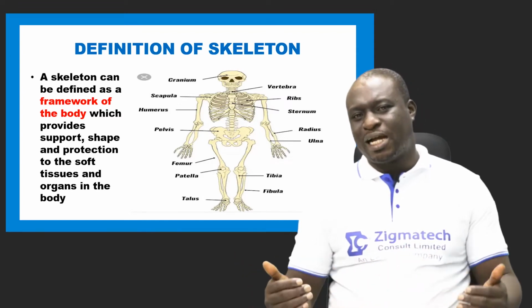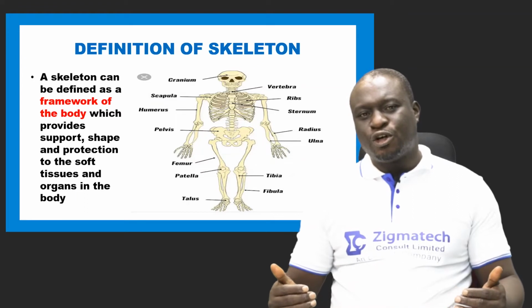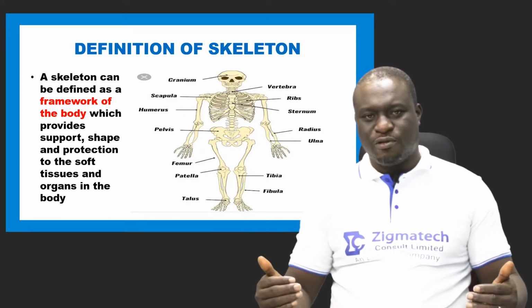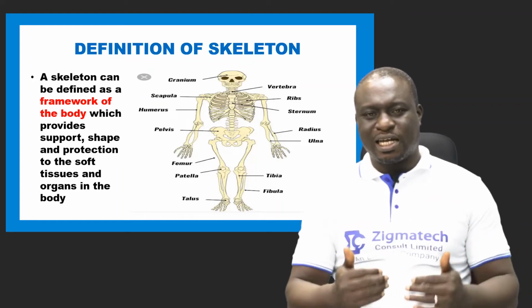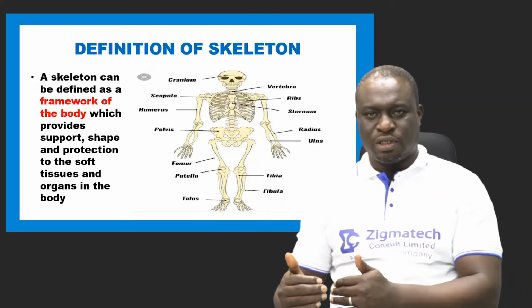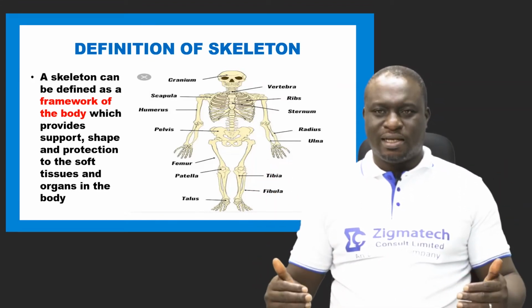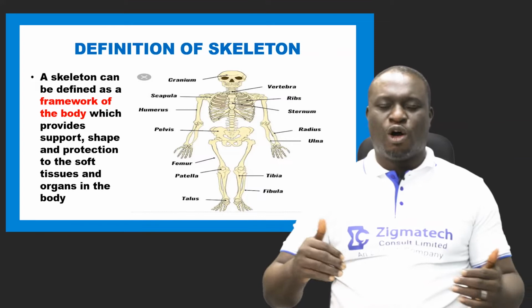We have different types of skeleton, and not all of these types consist of bones. If we say bony framework, it means that the skeleton consists of bones. So, a better definition for a skeleton is a framework of the body.